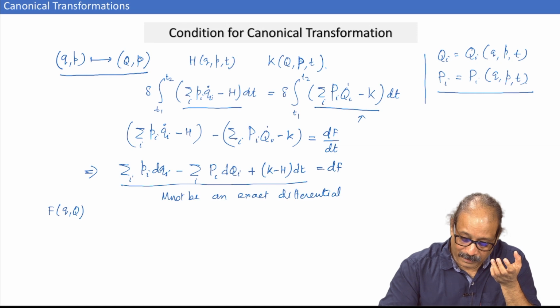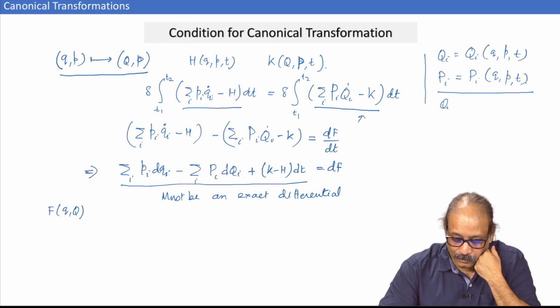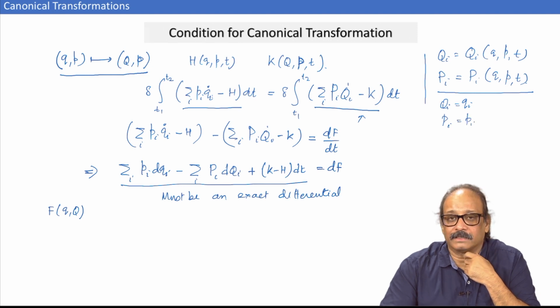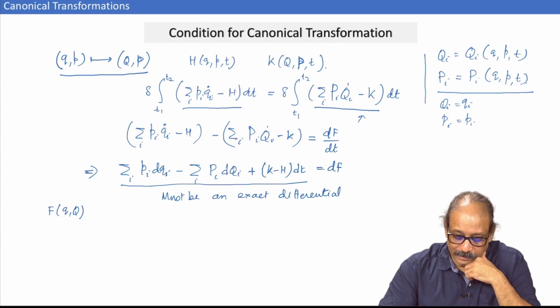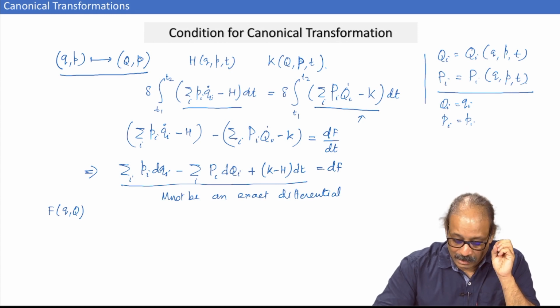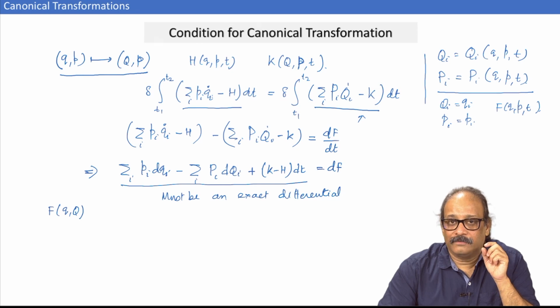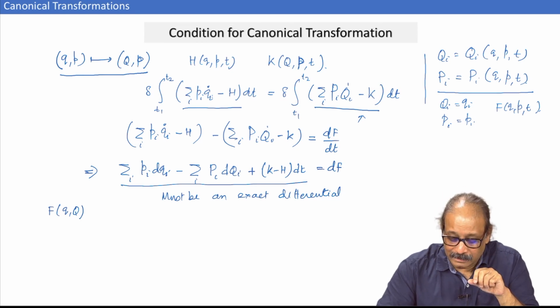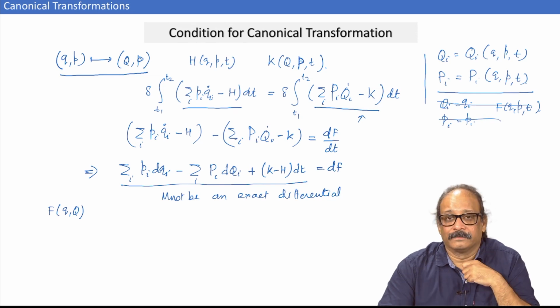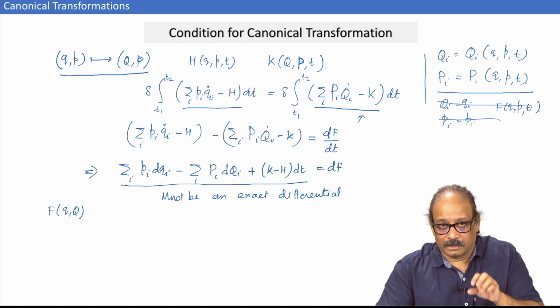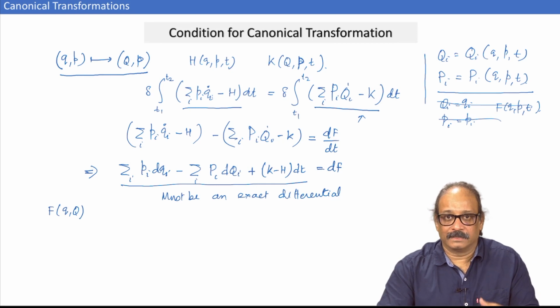For example, if I have transformations like Qi is equal to qi, Pi is equal to pi, the identity transformation, you can immediately see that if I have an original function which is a function of q, p and t, I will not be able to write this as a function of q, capital Q and t. So, for this transformation, we won't be able to do that. Wherever we can do that, there will be other ways of handling the problem.